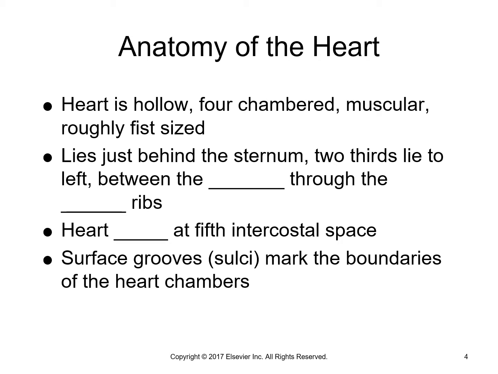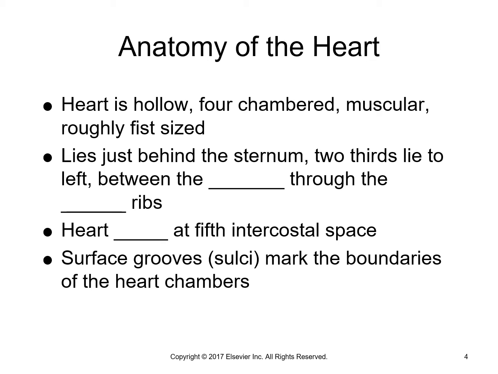All right, so talking about the basic anatomy, you should know by now it's a hollow, four-chambered muscle that lies behind the sternum. Two-thirds of it lies to the left, between the second, fill in the blank there, through the 6th rib. So the second through the 6th ribs behind the sternum.